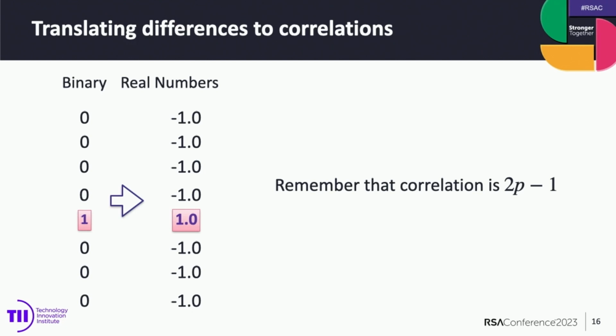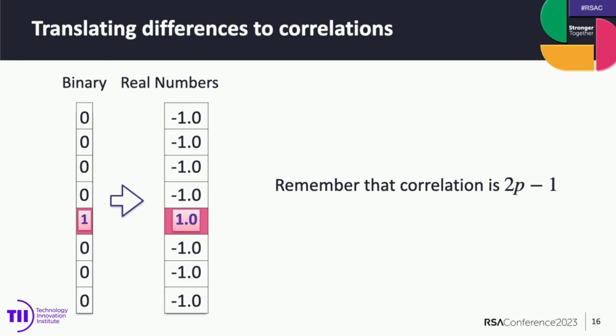Of course it is 0. Using the formula of the correlation that involves the probability that is in the slide, we can compute the correlation for all the binary values 0 and also for the value 1. And in the case of the value 1, the correlation will be, of course, 1.